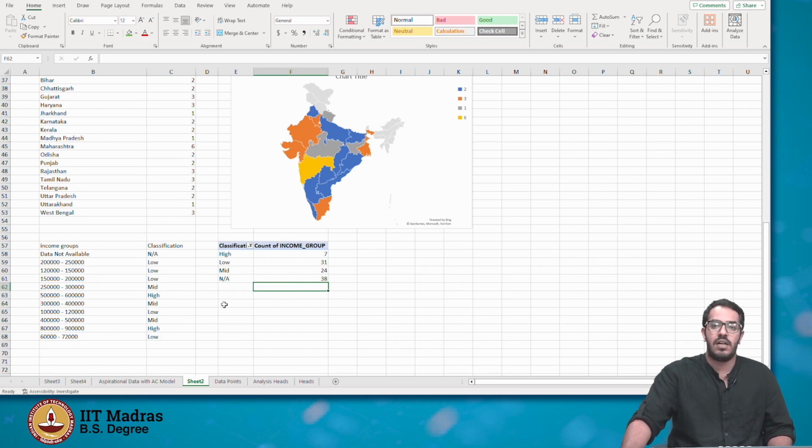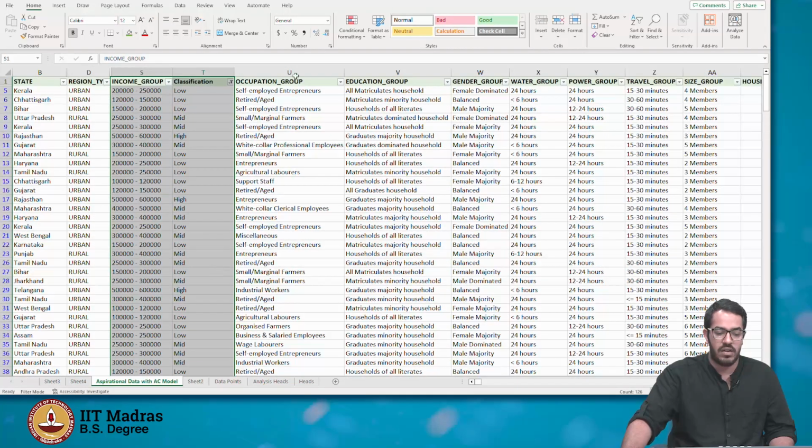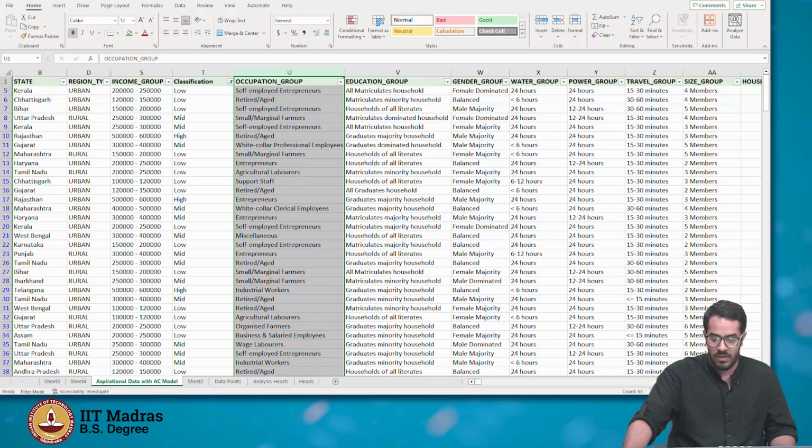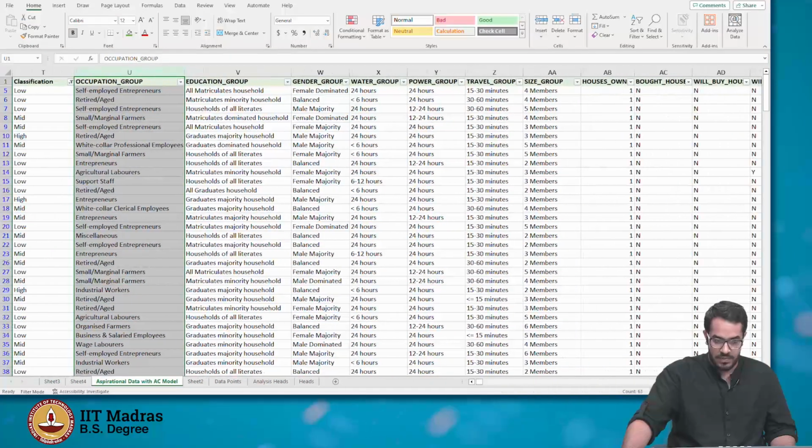Now, what is our motive behind selecting the income groups and classifying them? We want to see their behavior as far as buying ACs.